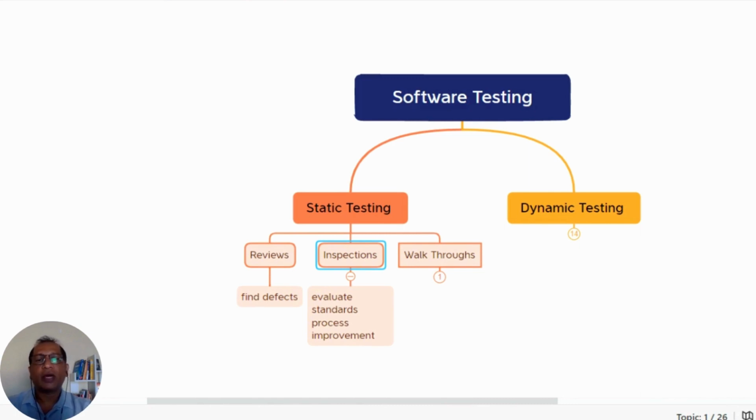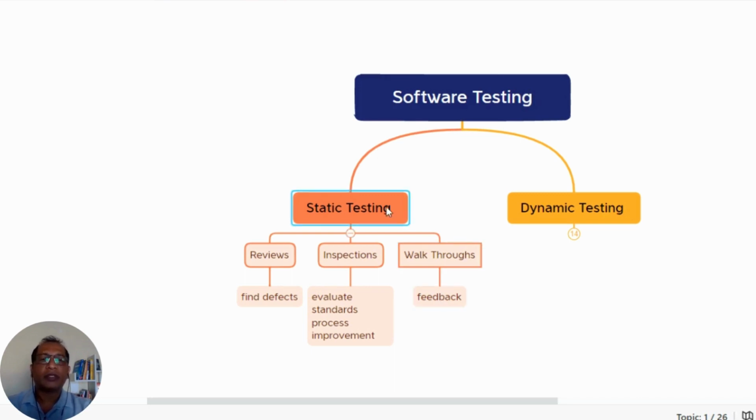They inspect software artifacts for defects and evaluate quality standards, assess individual performance, or identify process improvements. Coming to walkthroughs, walkthroughs are a less formal process where the author of the software artifact walks through the product with other members of the team to get their feedback.